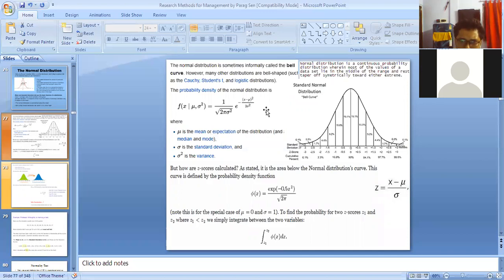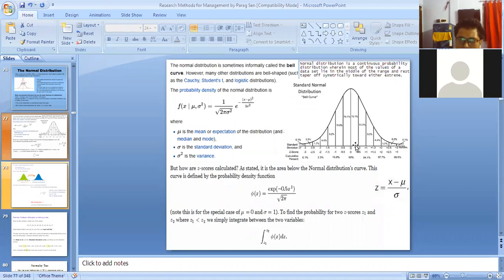Because if you have the values of x, and if you know the shape parameters, you can find out the values of y. I have already said that the length of y, or the value of y, reflects the likelihood for a given x. So that's why this is known as the likelihood function. This is the expression of the likelihood function for a normal distribution.